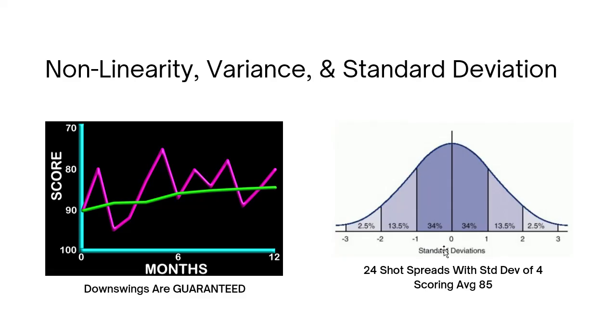Again, these variances in your scores are occurring whether you're getting better or not. And if you can't accept the fact that it's going to happen, whether you're getting better or not, you're going to have a very hard time staying committed to your improvement plan, the ideas that you're trying to implement.